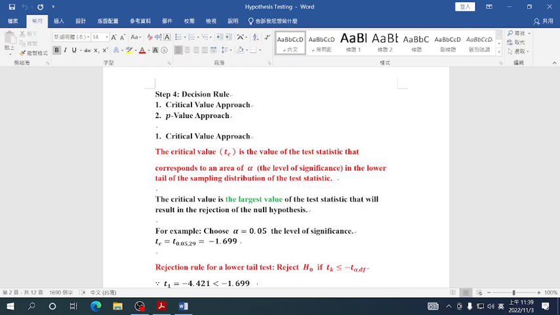If it is less than 0, the rejection region will be on the left-hand side. From the T table, the right-hand side is with positive signs, and the left-hand side with negative signs. If you have the same degrees of freedom, the critical value is the same, just a different sign. One is positive, one is negative, because the T distribution is symmetric. Understand what I'm saying here?